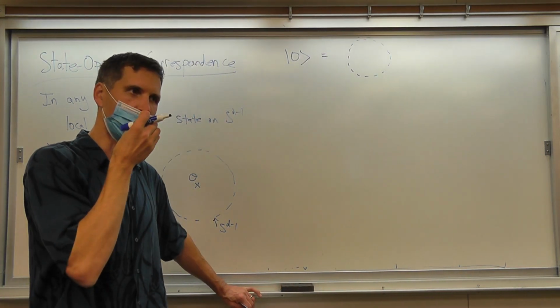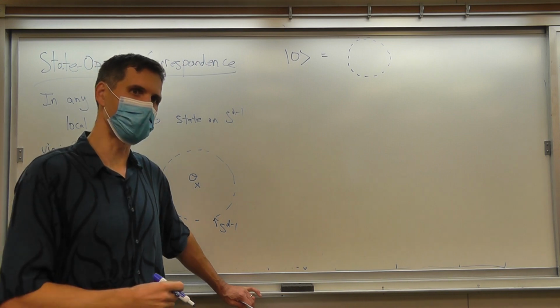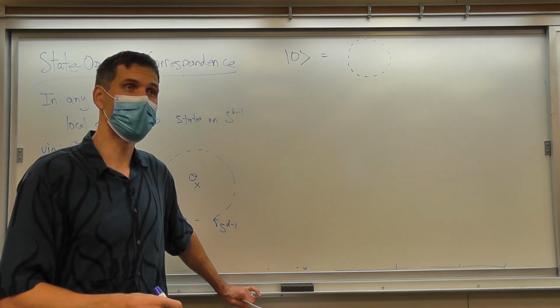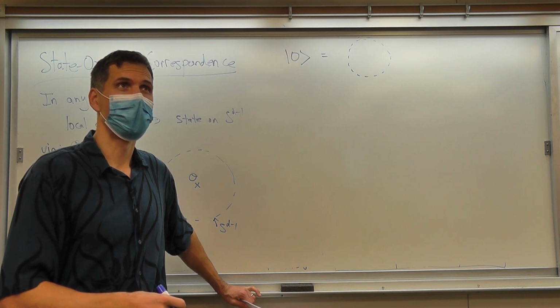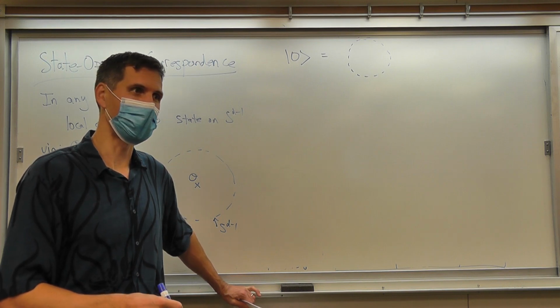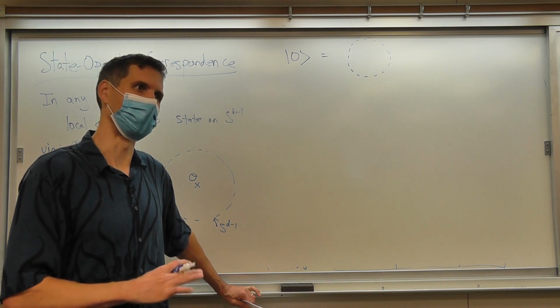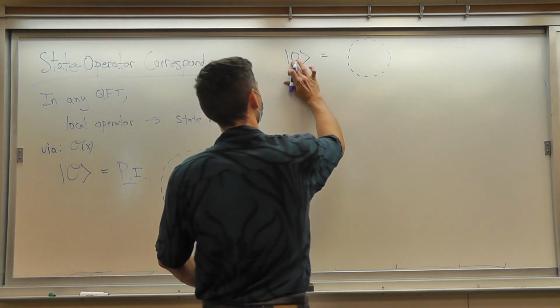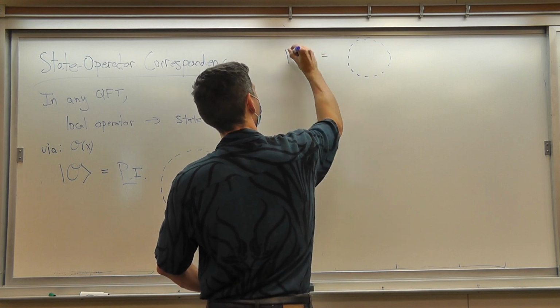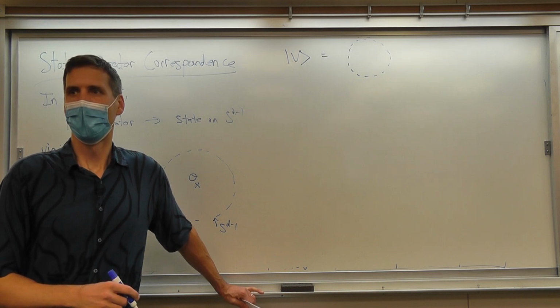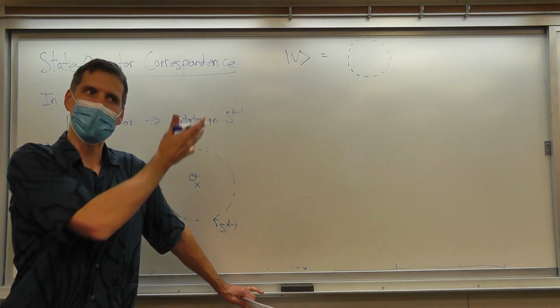But in a general quantum field theory, this will not be the same vacuum state. Let's not call it the vacuum; let's call it V, for "wants to be vacuum." This will just give you some state.